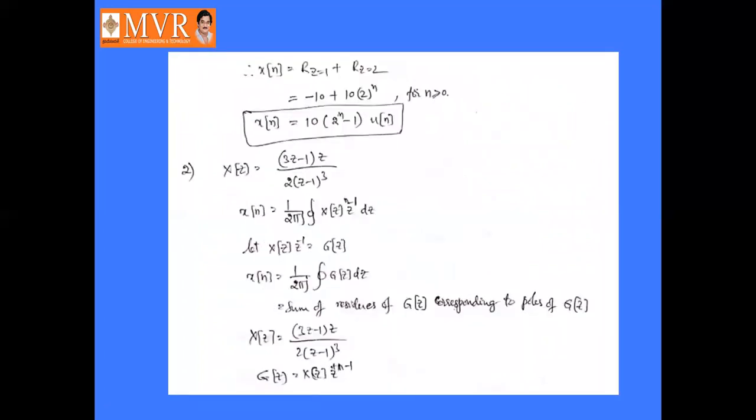The next problem is x of z equal to (3z minus 1) into z by 2 into (z minus 1) whole cube.